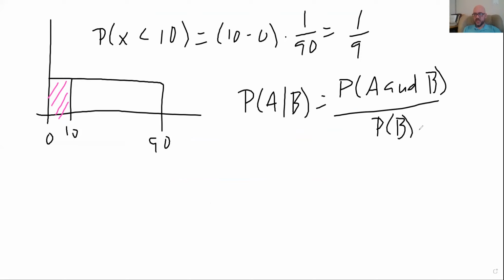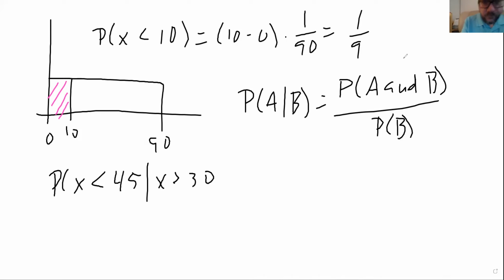This is our new sample space, B. Within that, we want to know the probability that we're in A, so it's all the stuff that's in both A and B divided by the stuff that's in B. The question here was to find the probability that x is less than 45, given that x is greater than 30.